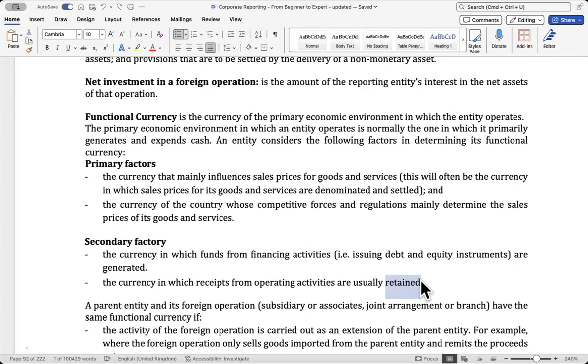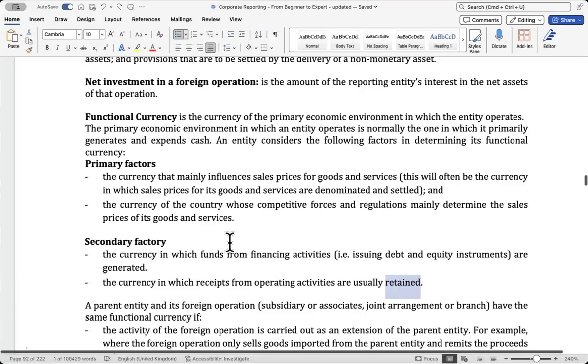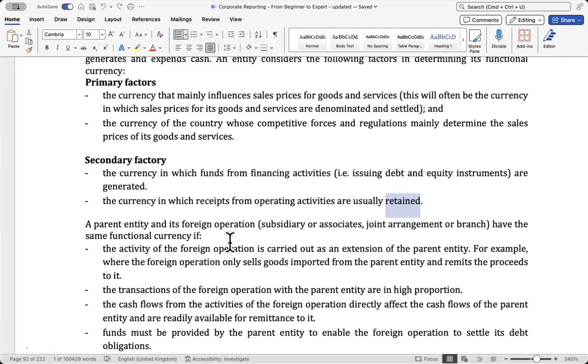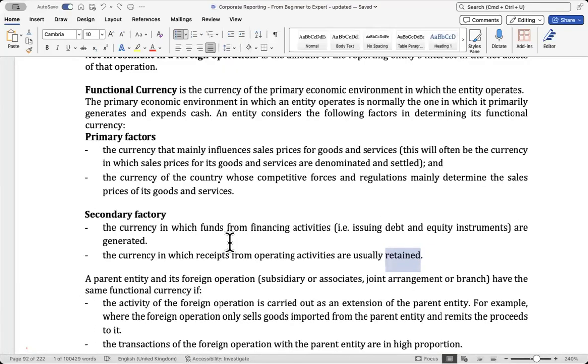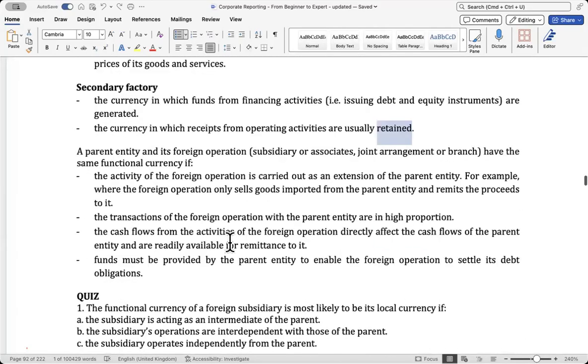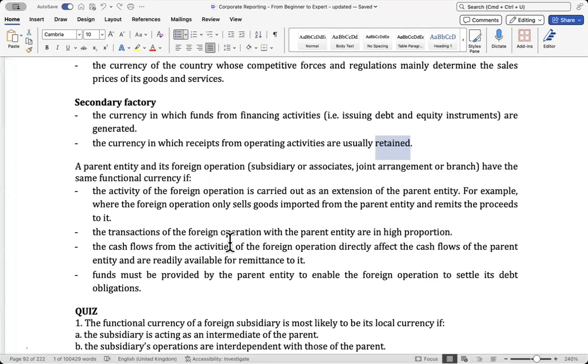So we have discussed the primary factors and the secondary factors. Now that you know what a functional currency is, the currency of the primary economic environment in which an entity operates, we need to be able to determine whether a parent and a subsidiary have the same functional currency or not.